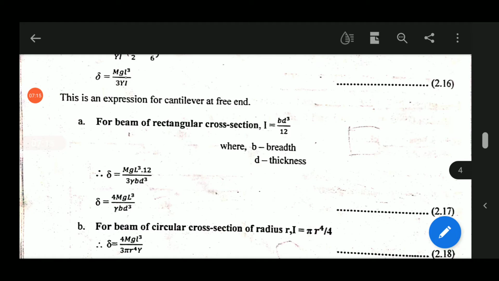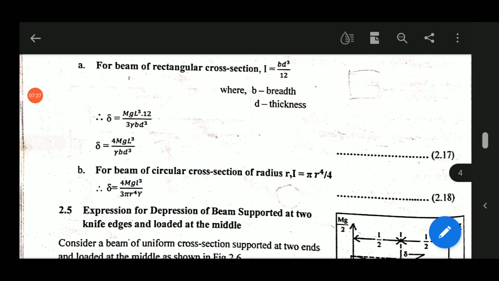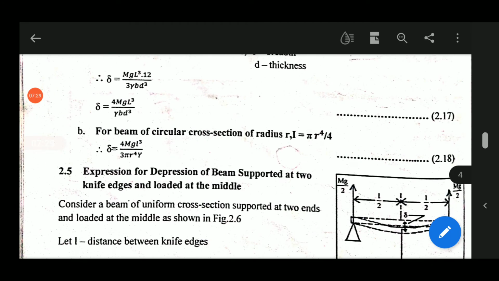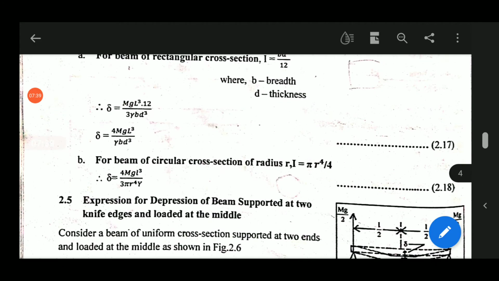Putting this value in equation 2.16, we get delta is equal to 4 mg L³ upon 3 pi r to the power 4 into Young's modulus Y. So these are the different formulas for deflection of a cantilever at the free end, for rectangular cross section and circular cross section of radius r. We have to remember these formulas for calculating the value of delta.